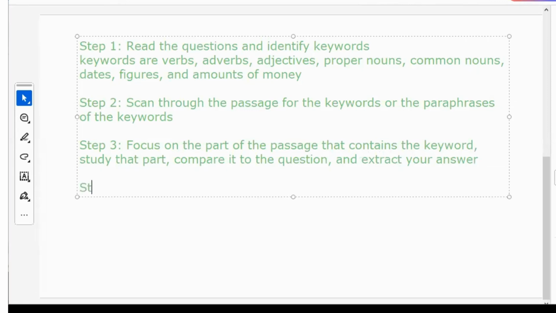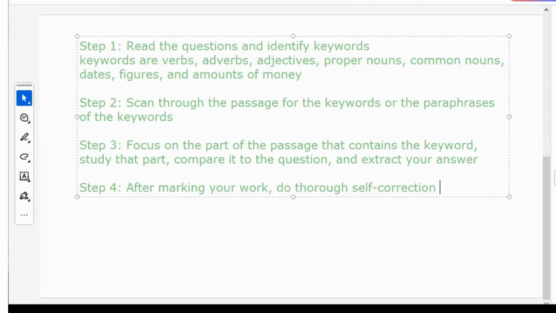And then step four. To me, this step four is the most important. And what is step four? After marking your work, do thorough self-correction. In other words, go through the questions that you got wrong and learn from your mistakes.